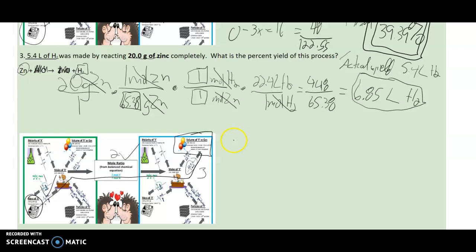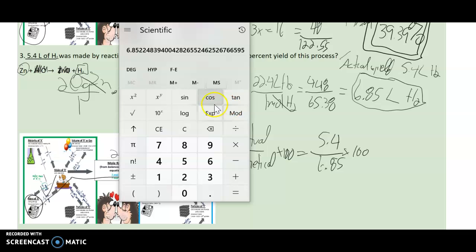So remember our formula. Actual over theoretical times 100 equals. My actual is 5.4. 6.85 times 100 is going to be 79%.